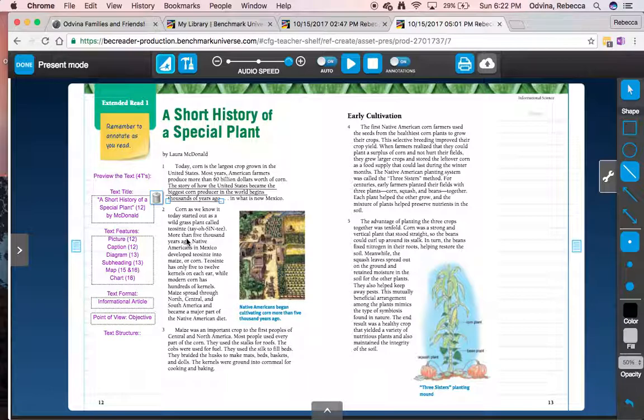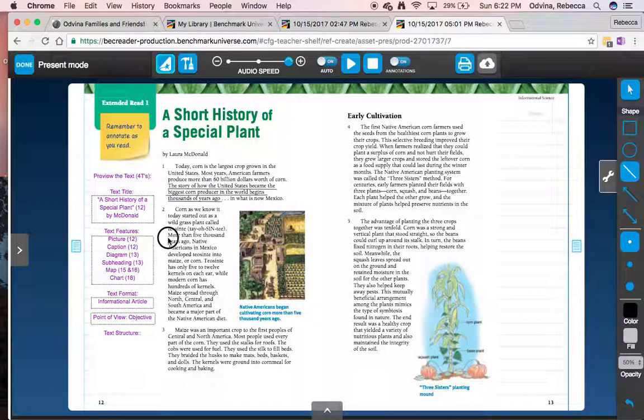Now, I read that corn began as a grass called teosinte. This is an interesting fact, but the key detail is in the second sentence. More than 5,000 years ago, Native Americans in Mexico developed teosinte into maize or corn.